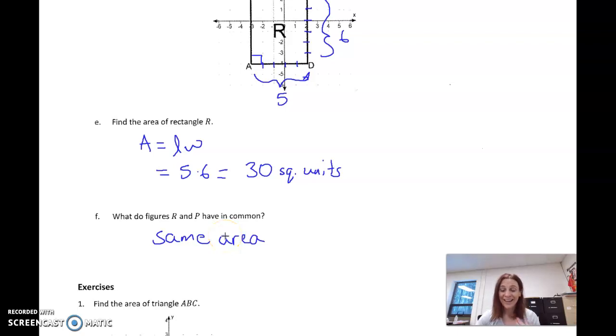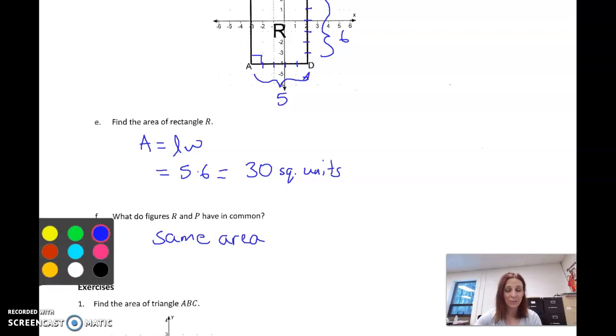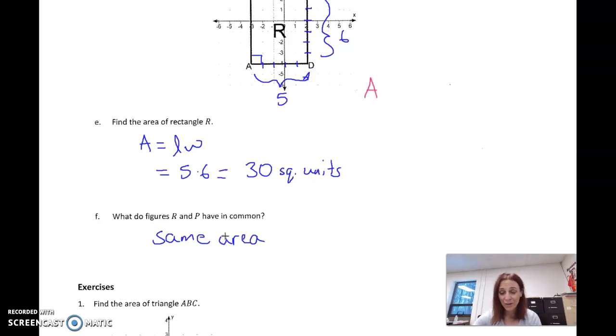So I want you to understand that if you take the area of a parallelogram, any parallelogram, it's going to be, well, what they say is base times height, okay? Length times width. But you have to look for the 90 degrees.